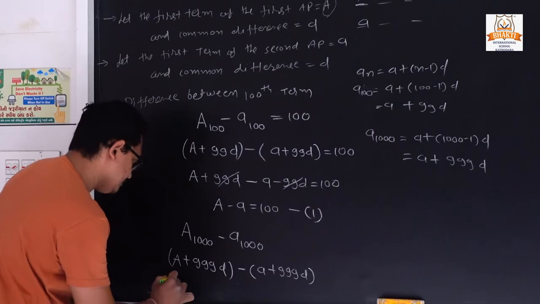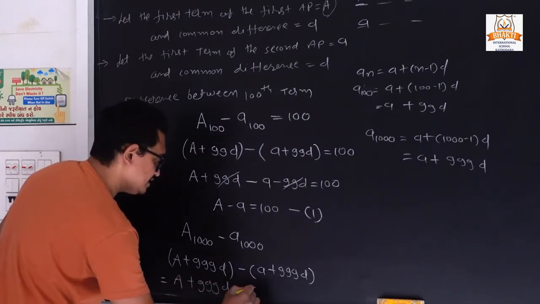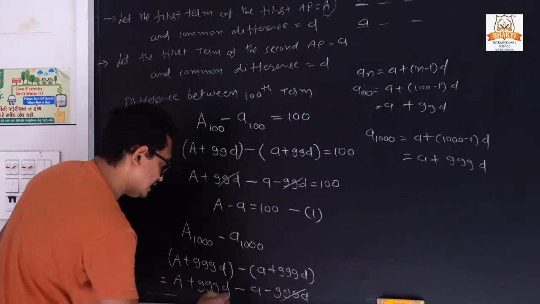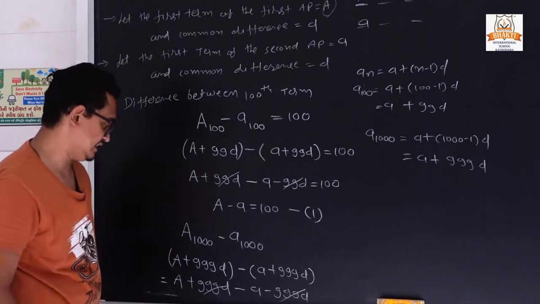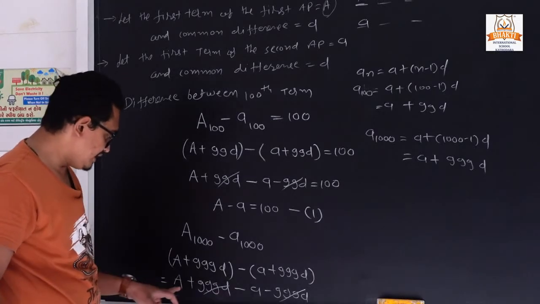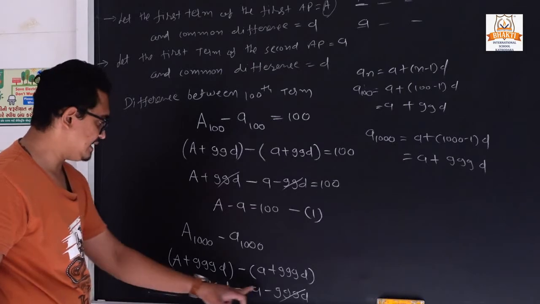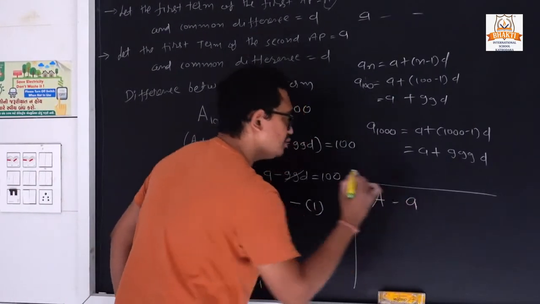Now simplify that. So A plus 999d minus small a plus minus once again minus. So these both are cut because plus 999d and minus 999d. So what will we get here? Capital A minus small a.